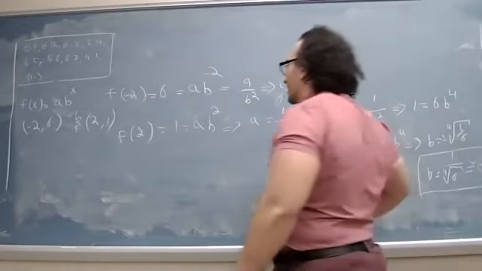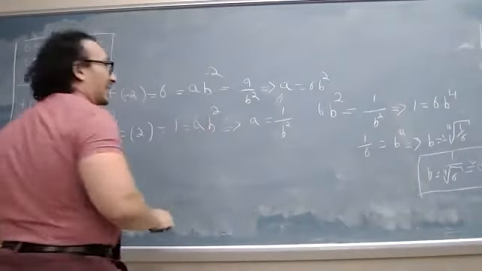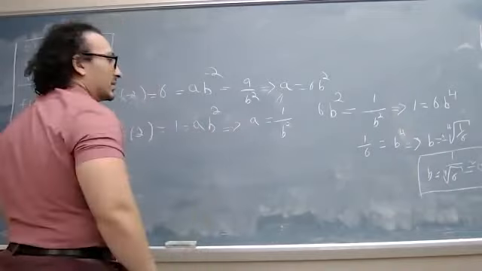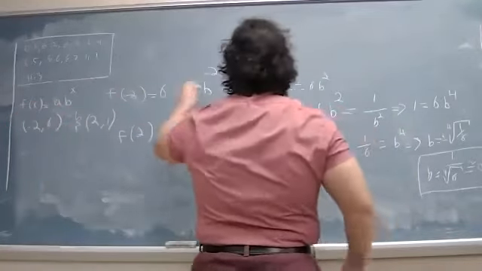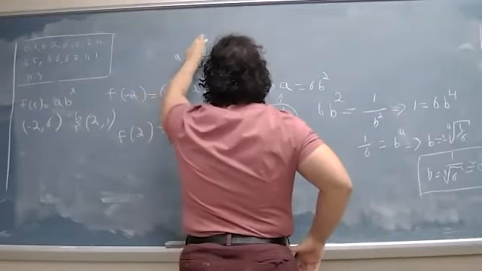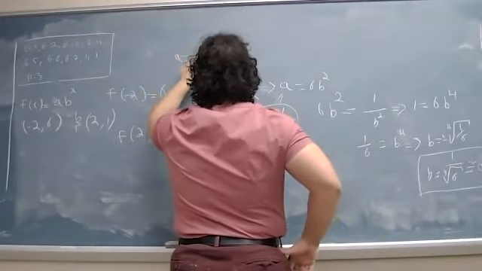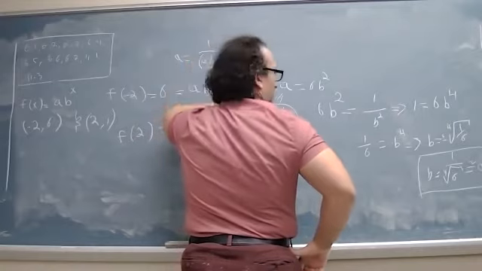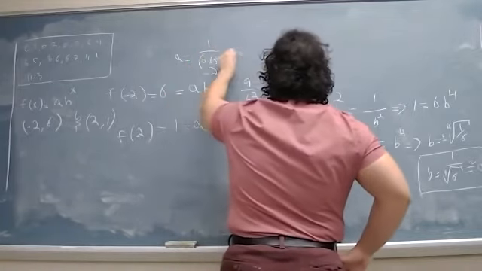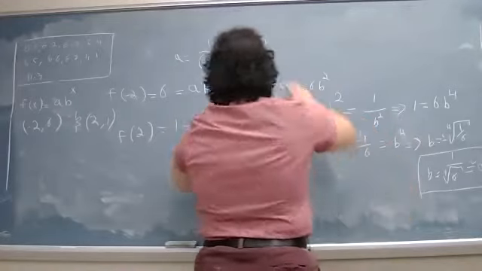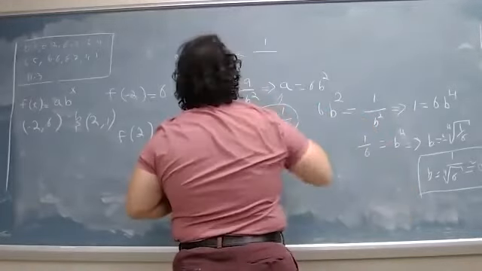So we know b. Now we should be able to find a, because a over here is equal to 1 over b squared. So I can find our a that's equal to 1 over b squared, but that's 0.63 squared. So that's equal to what we get when we plug that into our calculator.